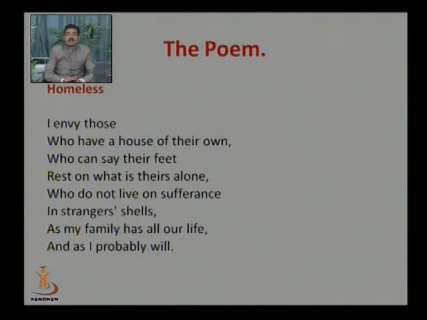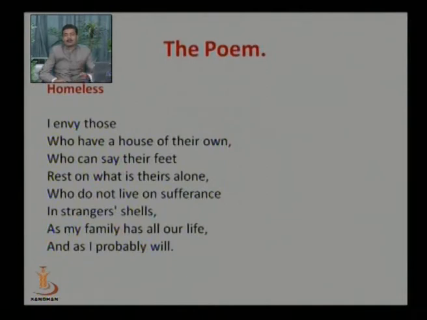He says that my family has spent all our life in the houses of others, and I probably will, meaning it is but natural that in future I also have to spend my life without a home. The poet himself, the protagonist voice of the poem, is homeless.